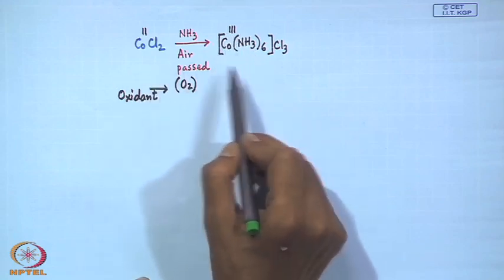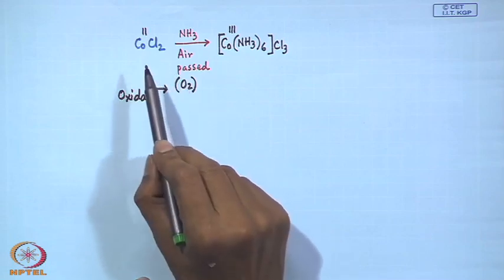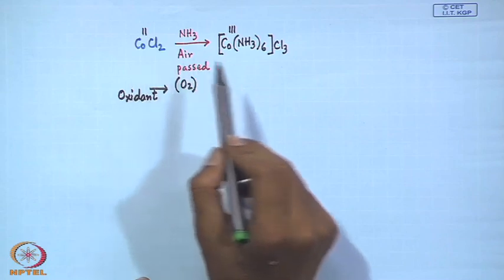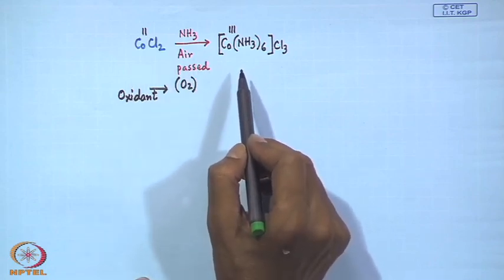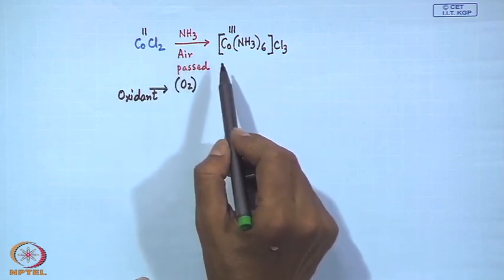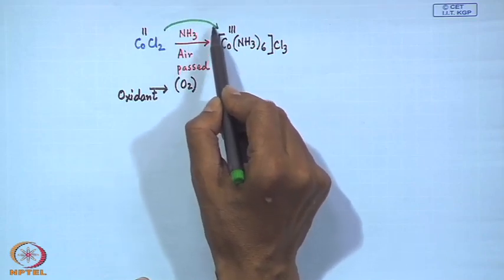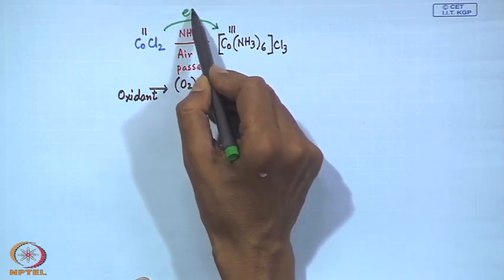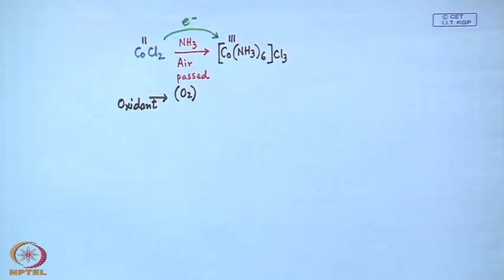So, we get the variable oxidation states, the +2 cobaltous state and the +3 cobaltic state, by simple manipulation. And we can also study a very important reaction related to these variable oxidation states, the electron transfer reaction, which is also very important.